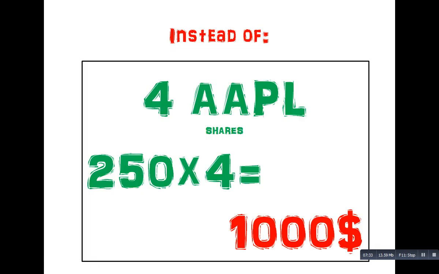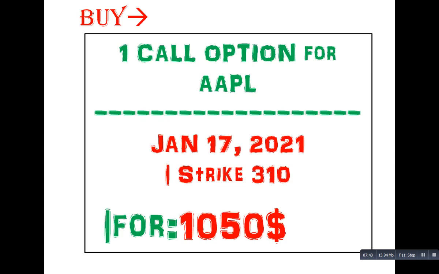So instead of, in option 1, buying four shares of Apple at $250 a share for $1,000, in this option 2 we are going to buy a call option, which is going to be a long term option investment.